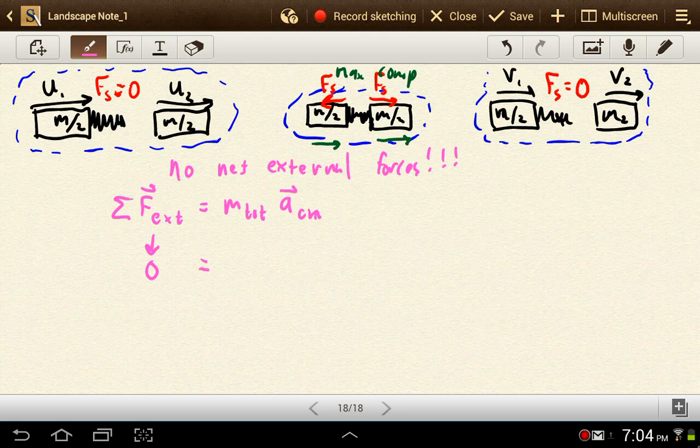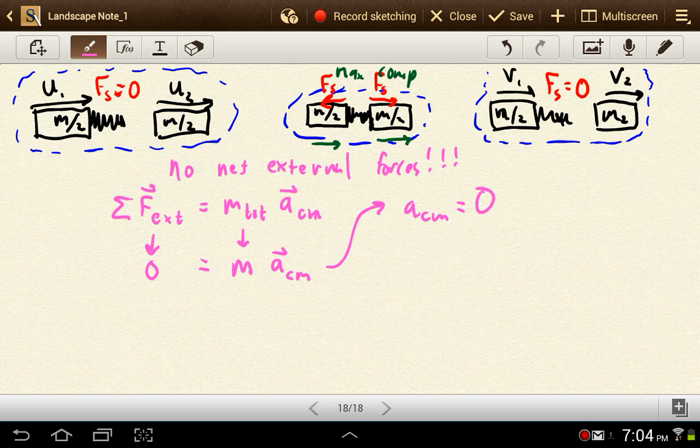The total mass of the system obviously is not 0. In fact, we know exactly what it is: it's m. So 0 is the mass times the acceleration of the center of mass, which shows us pretty clearly that the acceleration of the center of mass, and I'm going to switch to scalars because this is a 1D situation, is 0. The center of mass is not accelerating.